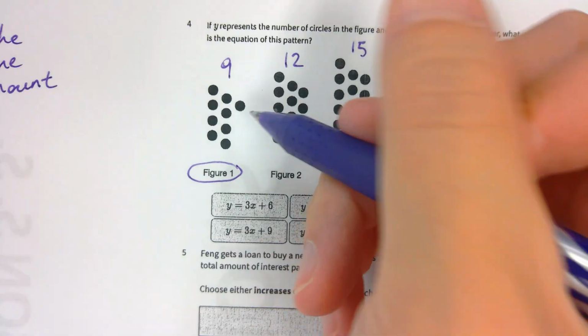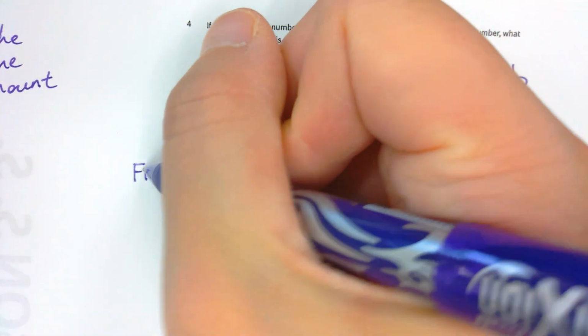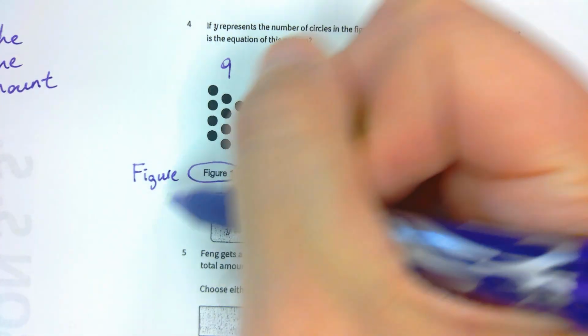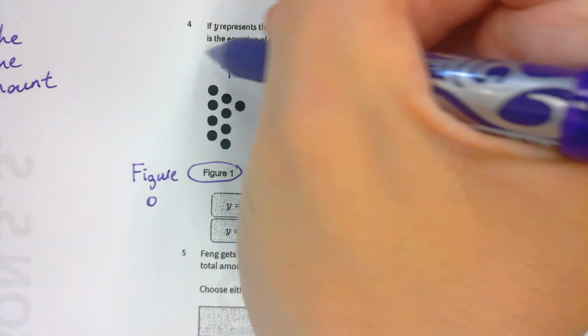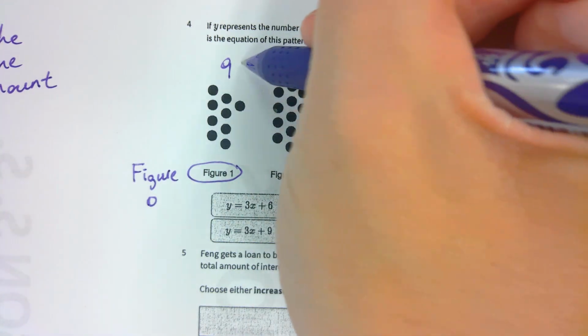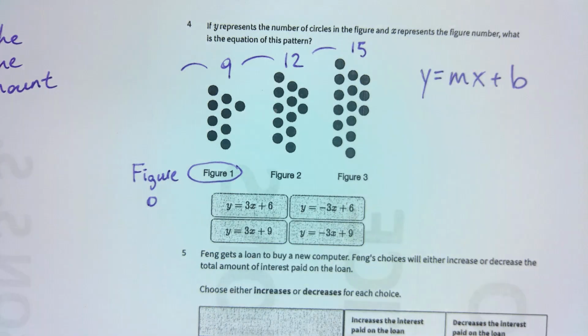Good, okay, because remember, I don't know why they trick you guys like this, but your b is figure 0. So remember, you always have to go back one more step. So if you follow the pattern right here, what would the value of b be? 6. That's right. Okay.